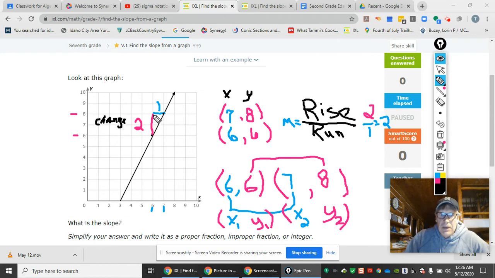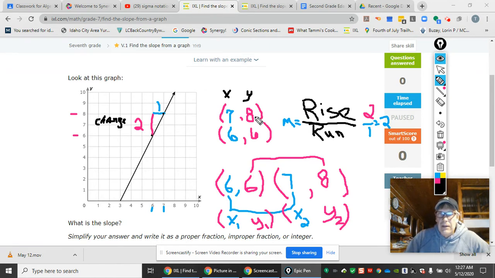Well, where did the 1 come from? Well, I changed from 6 to 7, and that's a change of 1. So I had a change of 2 over a change of 1. And that's what slope is. It's all about changing. How much did it change?